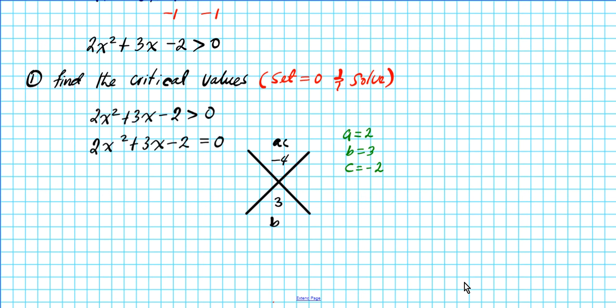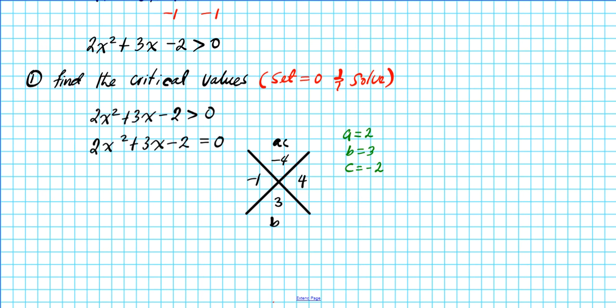Okay, let's play the x game. What two numbers multiply to give you negative 4 and add to give you 3? If you think about the possible combinations of numbers that yield the product of 4, think about 1 and 4. This works nicely. But in order to get a negative product and a positive sum, we need the smaller to be negative.